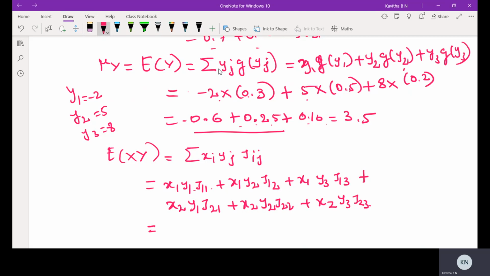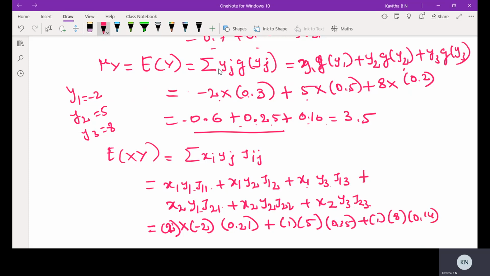Okay, here x1 value is what here? And y1 value is what? x1 is 1 and y1 is minus 2 and j11 is 0.21, plus x1 is 1, y2 is 5 and j12 is 0.35, plus x1 is 1, y3 is 8, j13 is 0.14.